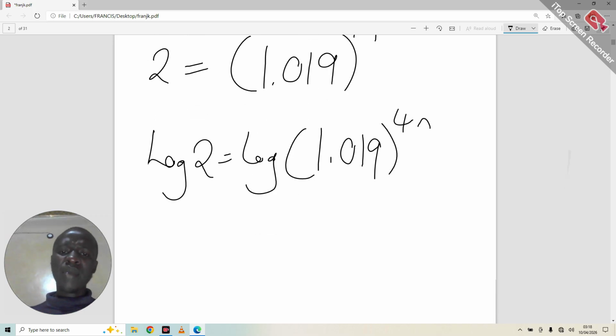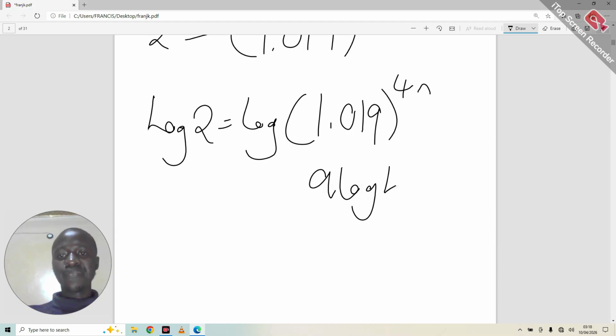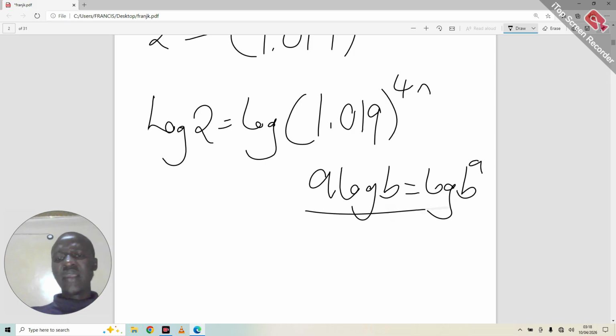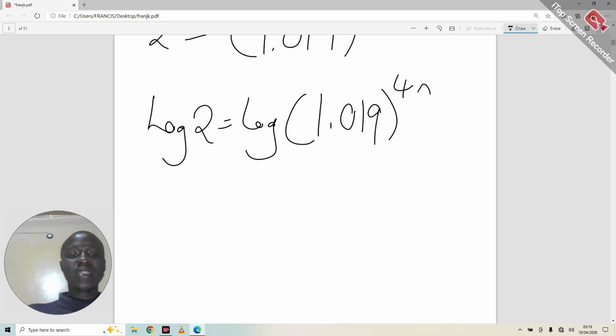Then if I remember very well, there's a law, number 3, which I gave you, whereby a log b equals log b power a. I remember giving you such a law in number 3 there.